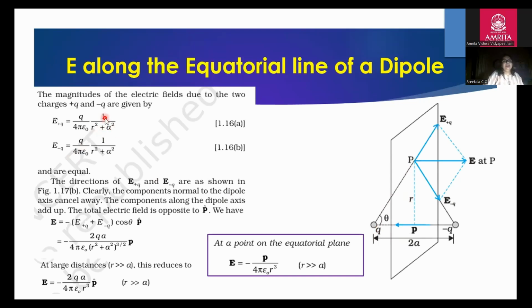We know that electric field intensity is 1 by 4 pi epsilon 0 into q by r square, so here r square is replaced by r square plus a square.